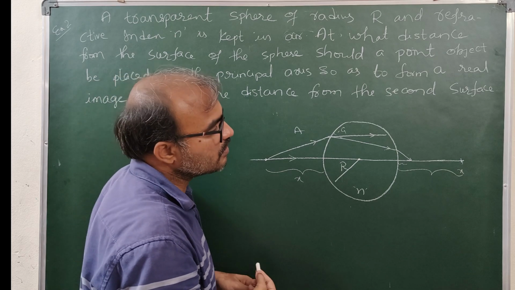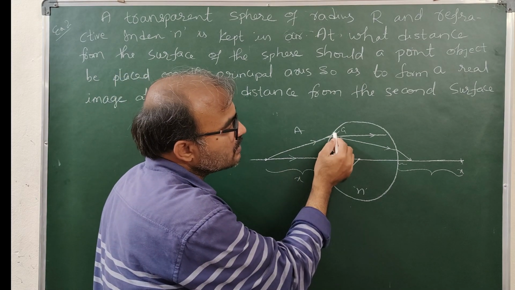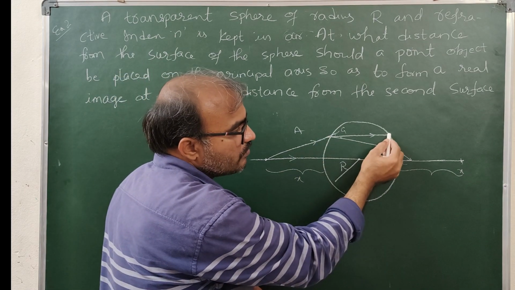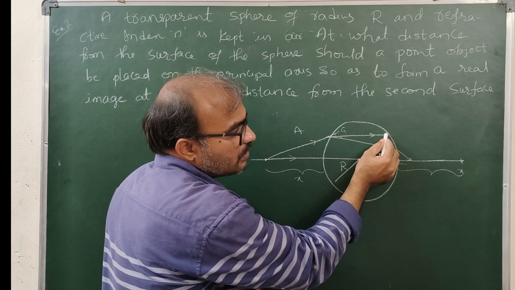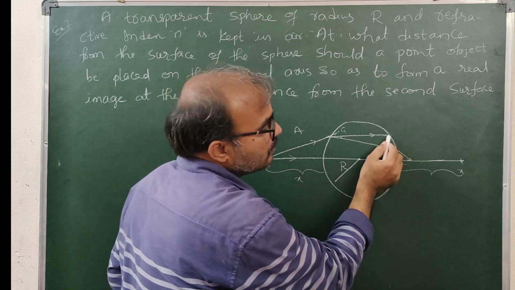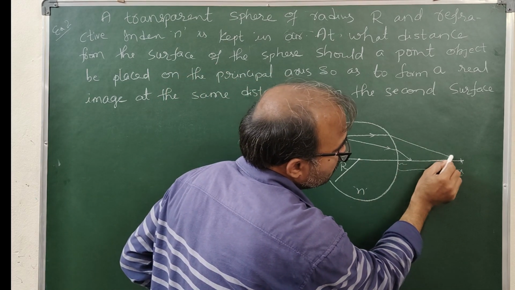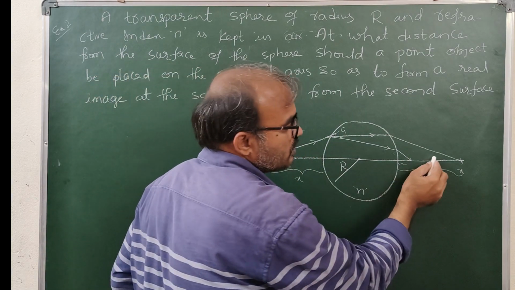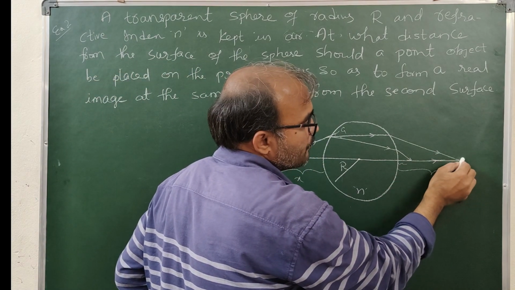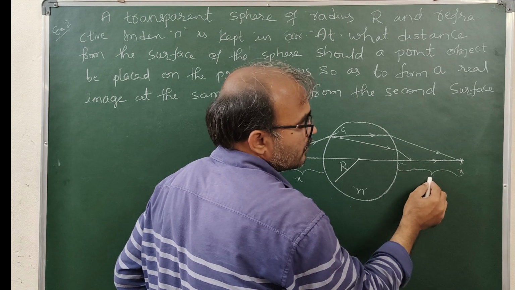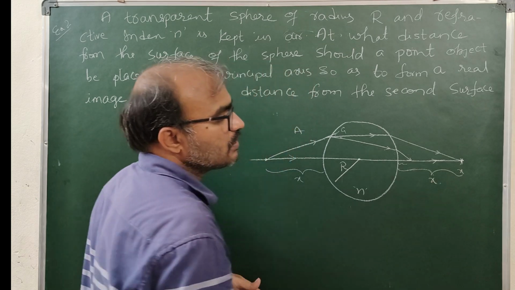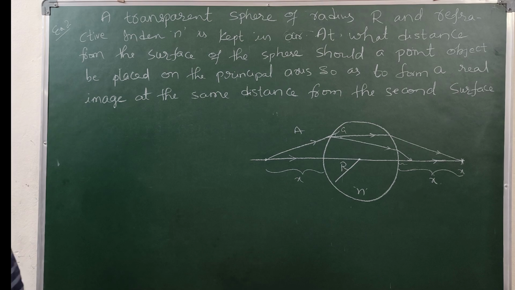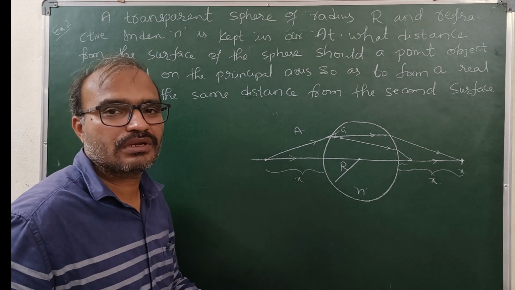If it is parallel to the principal axis, whatever the deviation occurred here will again be reversed here, so that it will go and meet on the principal axis at some point which will be at the same distance from the other surface, right? But we have to say this mathematically.